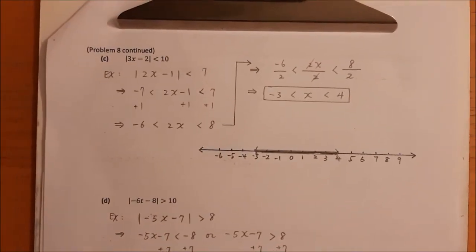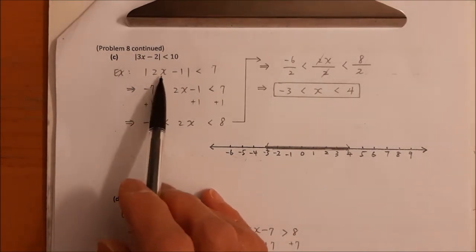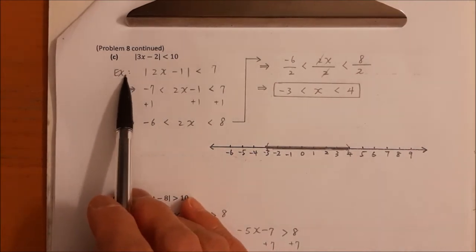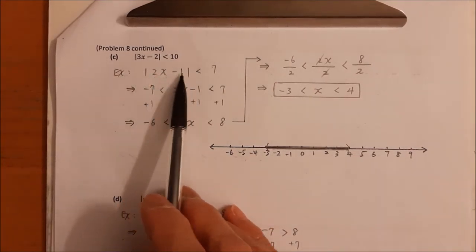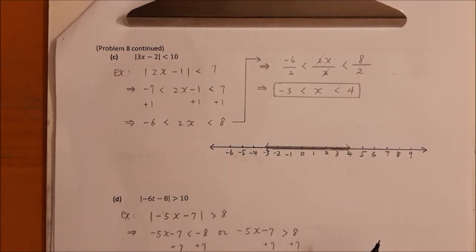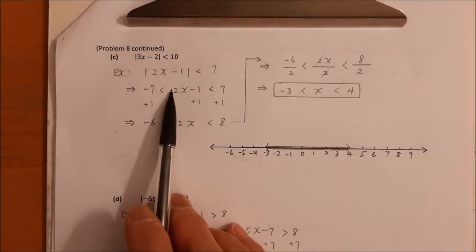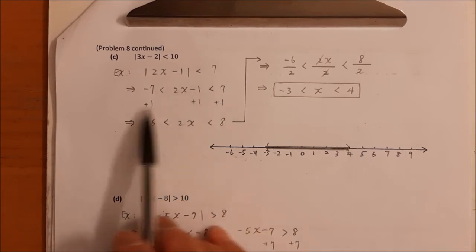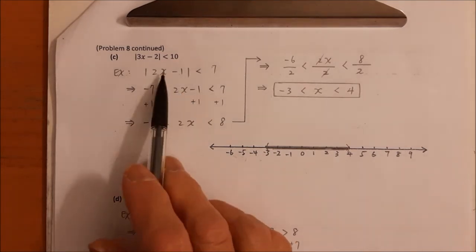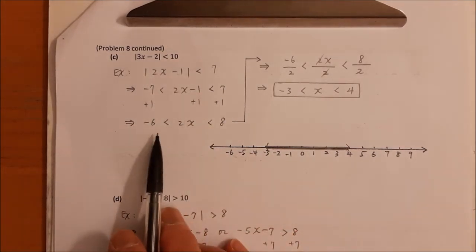C, next question. Absolute value of 3x minus 2 less than 10. That's your homework question. Example, absolute value of 2x minus 1 less than 7. Solve for x. So we will put either 2x minus 1 less than 7 or greater than negative 7. You go 2x minus 1 less than 7.